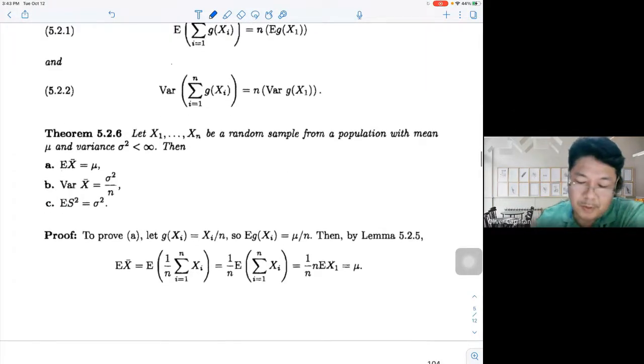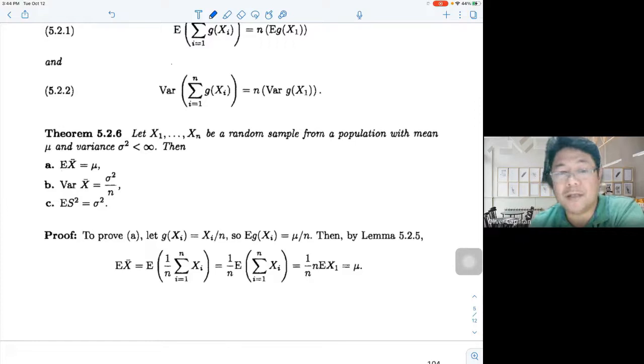So this time we're going to proceed to theorem 5.2.6. We have a random sample from a population with mean mu and a finite variance sigma squared. Take note that the distribution is not defined in theorem 5.2.6.